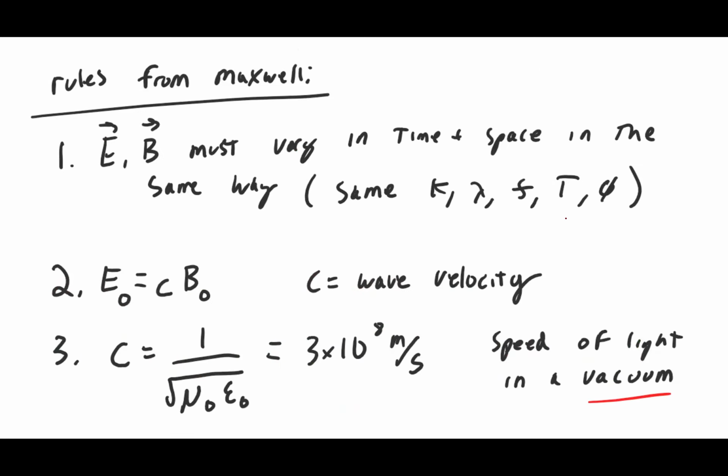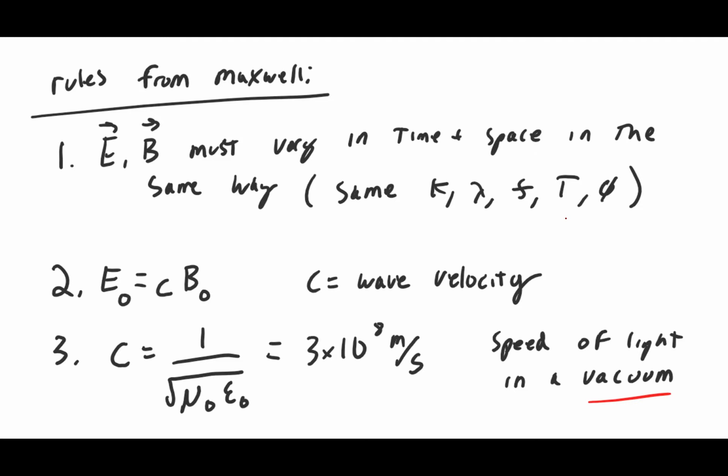So some of the rules that we arrive at when we start applying Maxwell's equations is that the E and B fields have to vary in time and space in the same way. So that means that if the electric field goes like cosine kx minus omega t, the B field has to have exactly the same form.